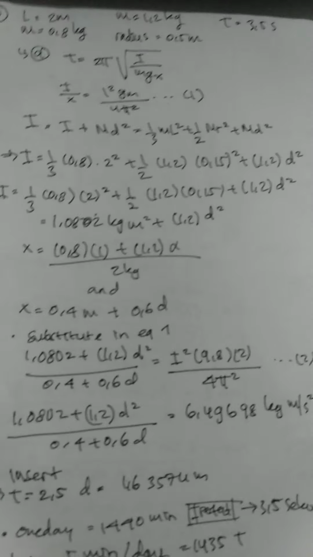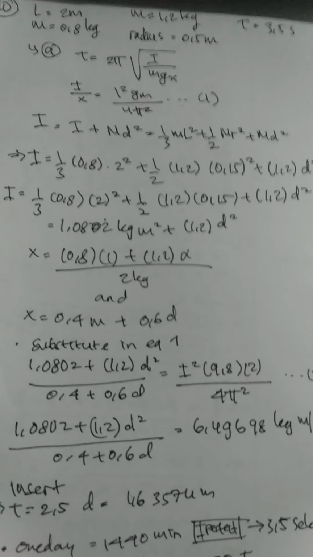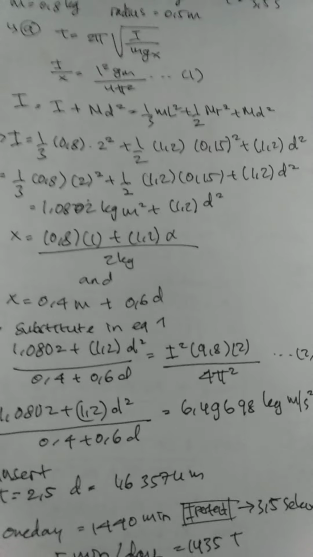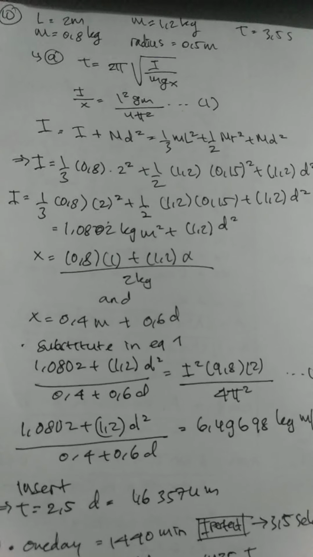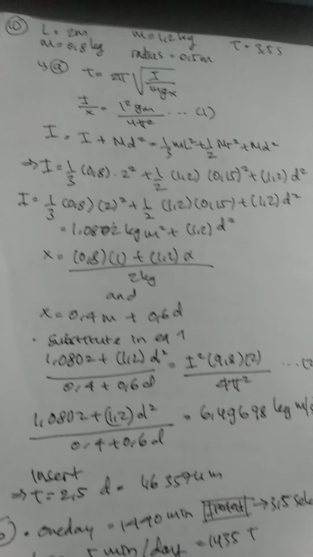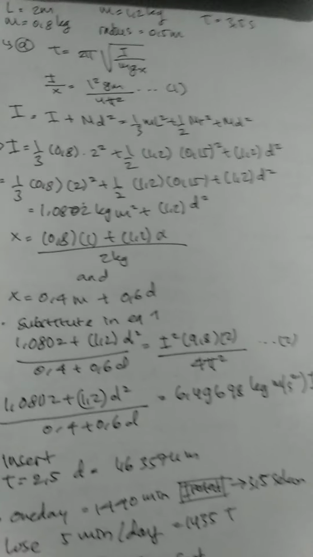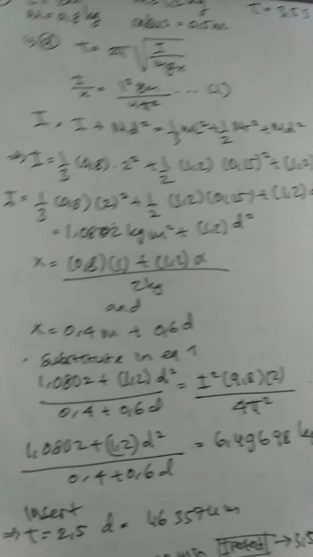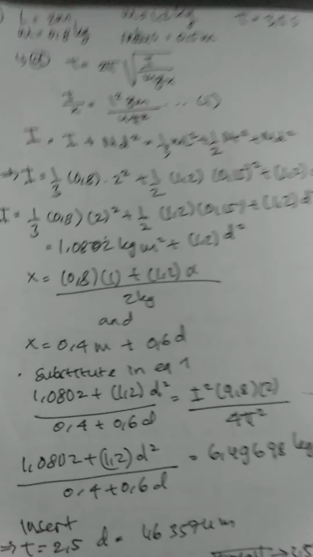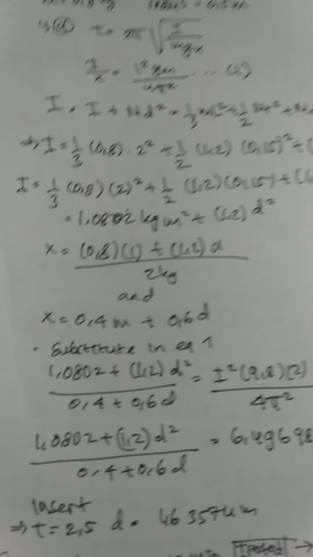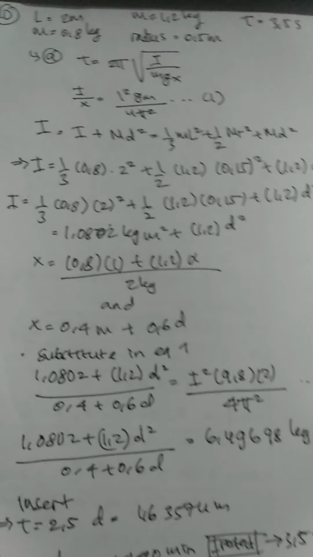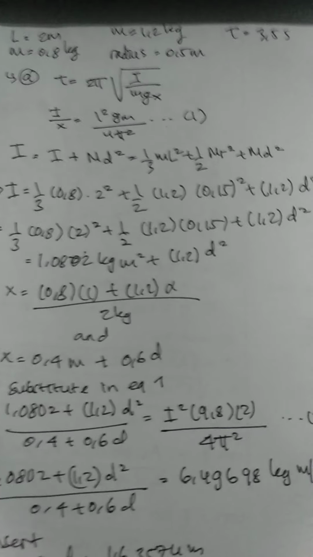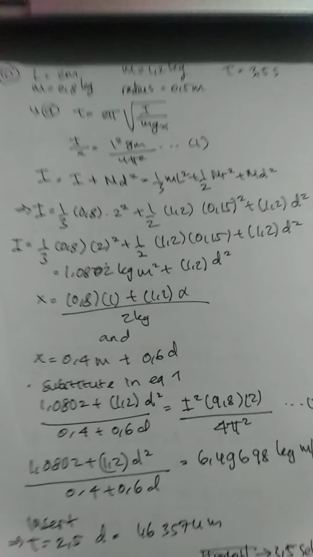So we put in the formula T equals 2 pi root of I per mgx. So we get I per x equals T square gm per 4 pi square. This is the first equation. And then the next, I is I plus md square plus 1 per 3 ml square plus 1 per 2 mr square plus md square.